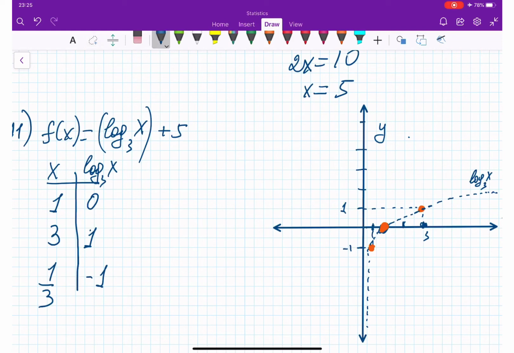Since this was 1 and 0, now we are going to have 1 and 5, yes? So it's going to be 1 and 5, this point.